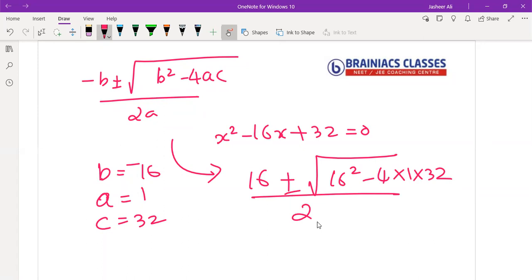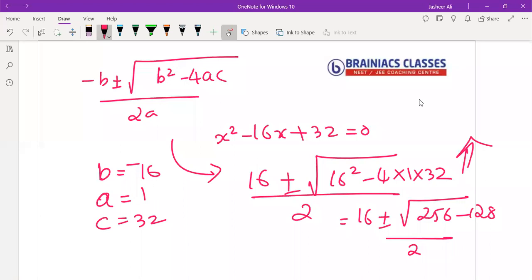16 square is 256. So 16 plus or minus root of 256 minus 128, whole divided by 2.